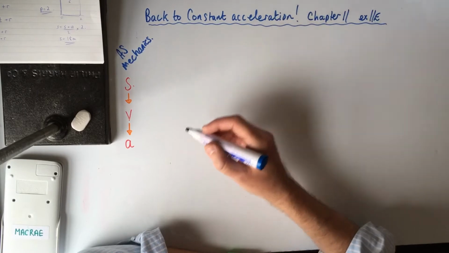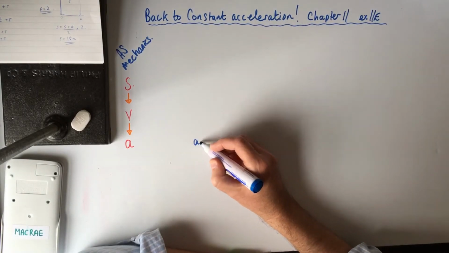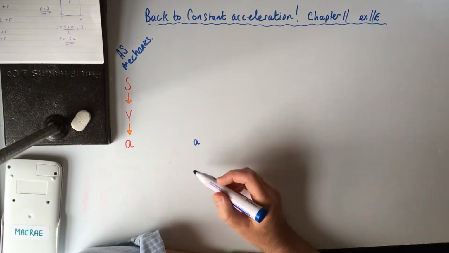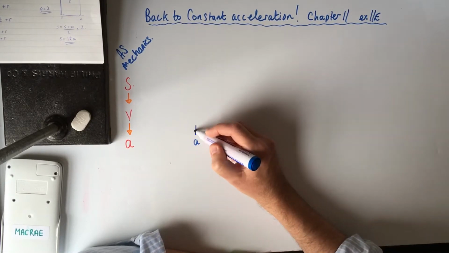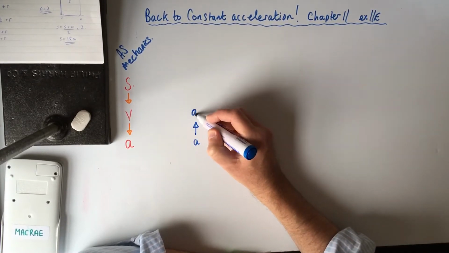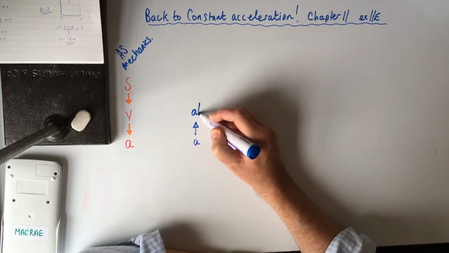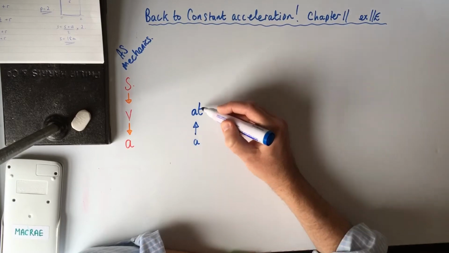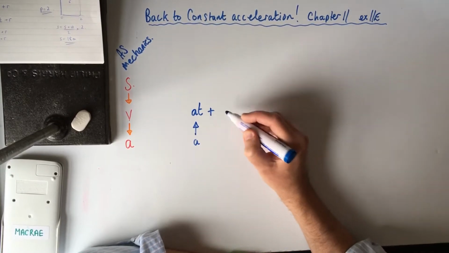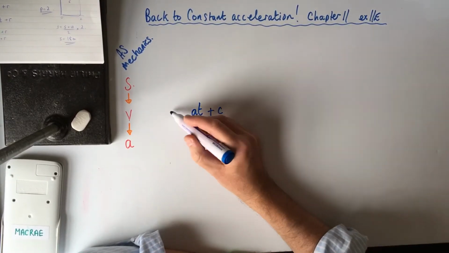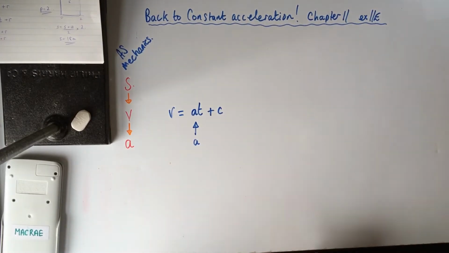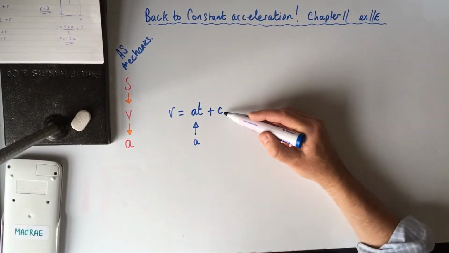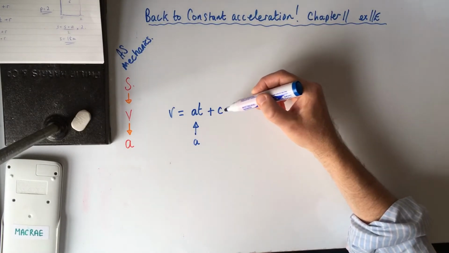If we start with the acceleration and we integrate that with respect to t, that's just a number, so it becomes at plus a constant on the end, and we know that is the velocity. So v is equal to at plus this constant.